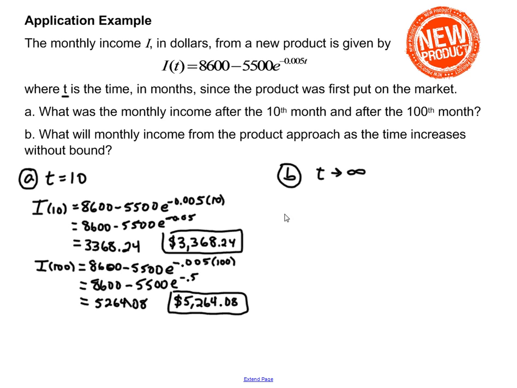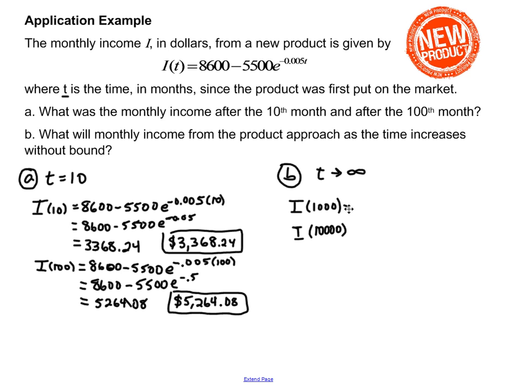Well, maybe not. Let's try it. I did this same experiment using the same function at 1,000, and I did it at 10,000. And I asked myself, what is going to happen? Just keep adding zeros here.